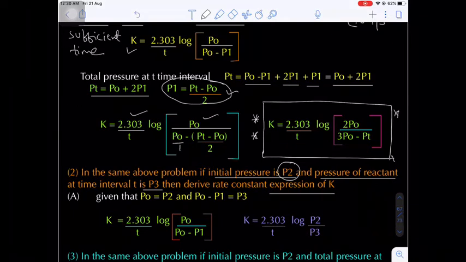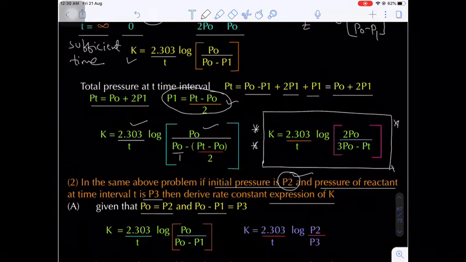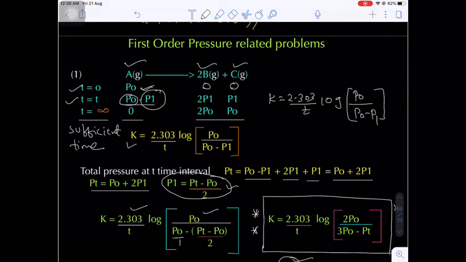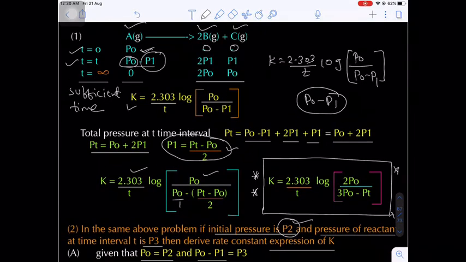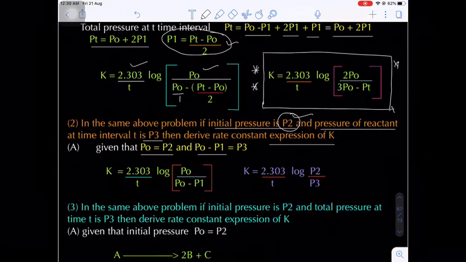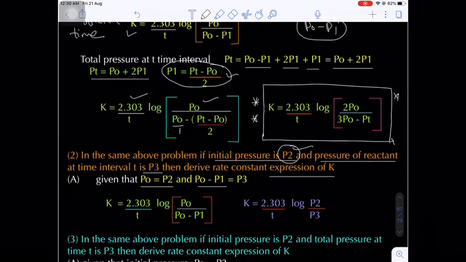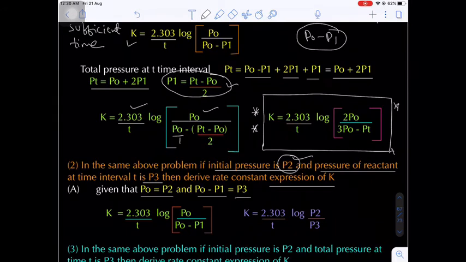Now here what is the given information? Initial partial pressure P0 will be equal to P2 given, and what is the partial pressure of a reactant at a certain time interval? In the above expression, the concentration of reactant at a certain time interval will be P0 minus P1. This is the partial pressure of the reactant at a certain time interval. Now here P0 minus P1 value is given as P3.